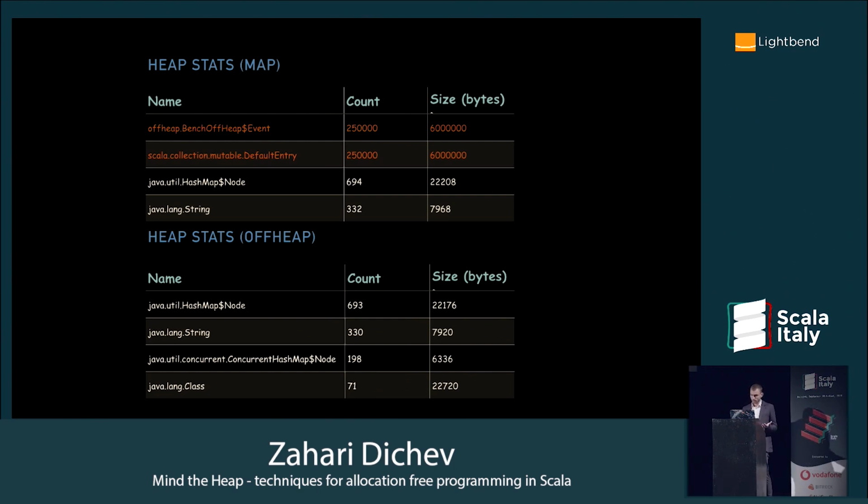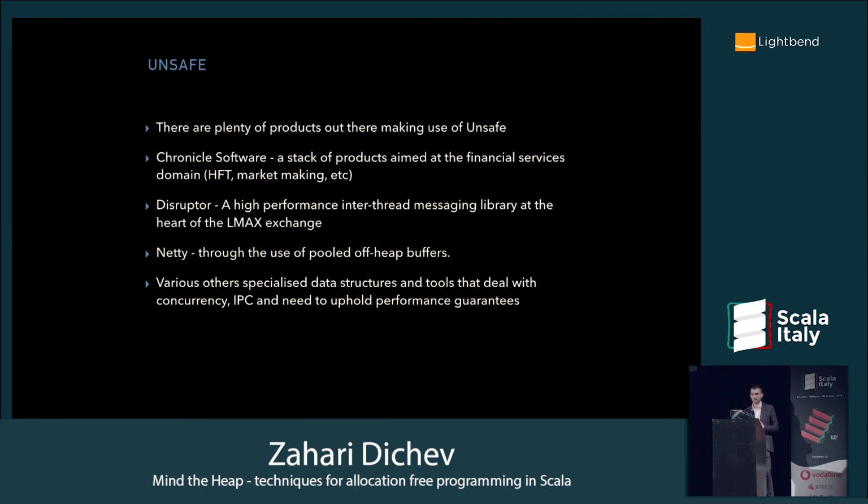So the interesting thing about unsafe is that there are actually plenty of products out there that are making use of unsafe. So for example, Chronicle Software, which is a stack of products aimed at the financial services domain, so things like high frequency trading and stock exchanges and whatnot.